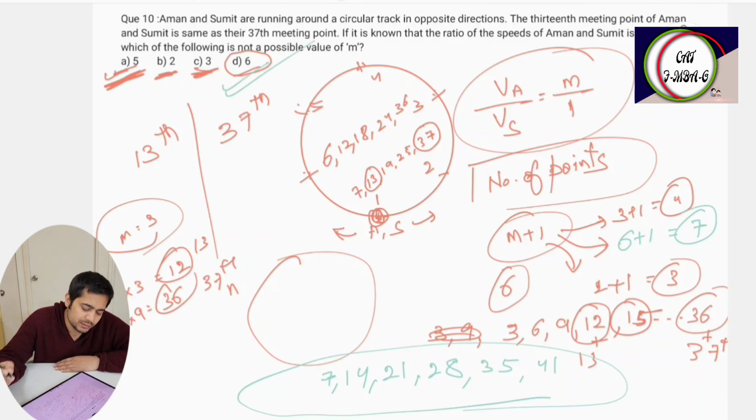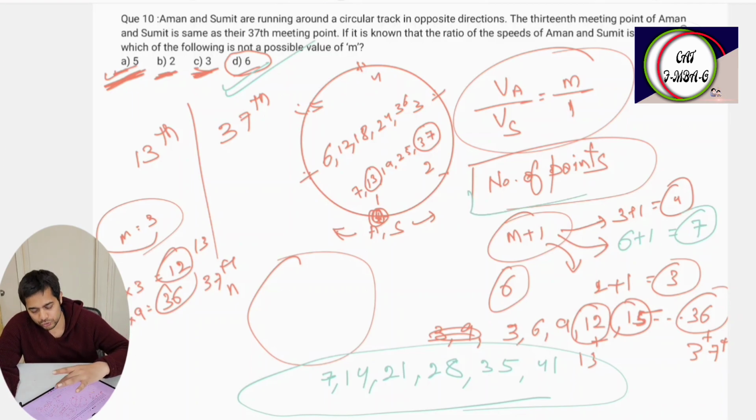So this is the right answer. These types of questions also do come in CAT. They require some logical sense only. No formula is required, just the number of points. So let's see the next question.